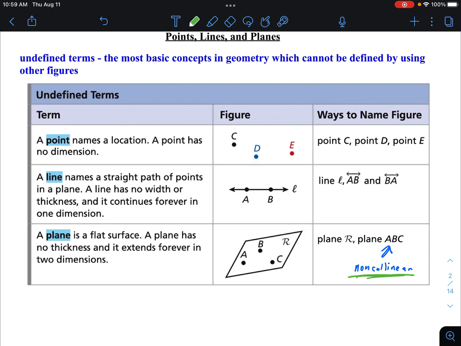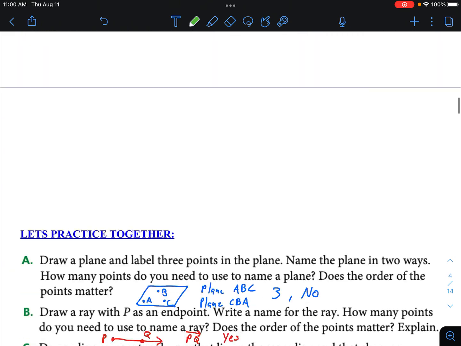But just imagine 3 points. If you drew 3 points in a line on the piece of paper in front of you, not only are they on that piece of paper, but I could also drop a piece of paper vertically that goes through those 3 points. And now you have 2 planes that cross through the same 3 points. And of course, that would be 2 different planes. So we want to name them non-collinear. That way we're only naming 1 plane and 1 plane only.